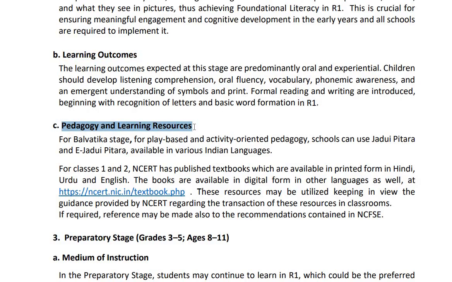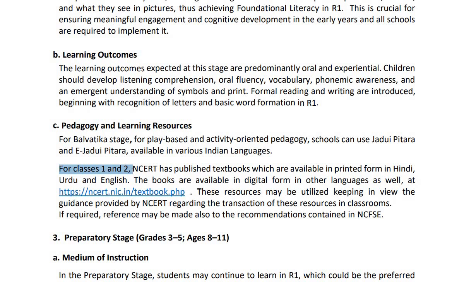Pedagogy and learning resources. For Balvatika stage, for play-based and activity-oriented pedagogy, schools can use Jadui Pitara and E-Jadui Pitara available in various Indian languages. For classes 1 and 2, NCERT has published textbooks which are available in printed form in Hindi, Urdu and English.